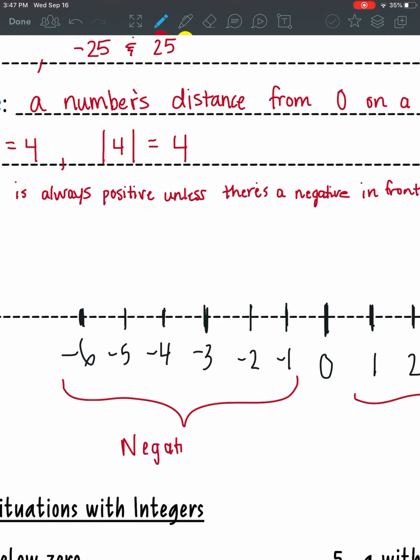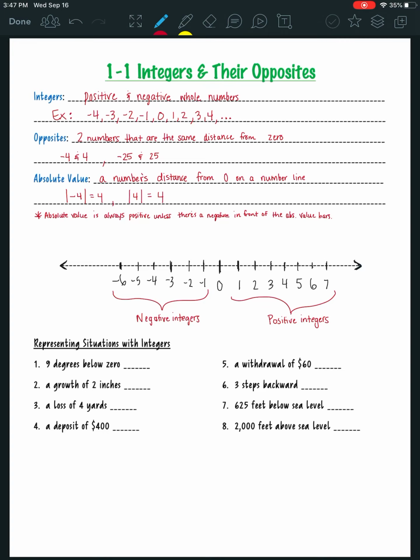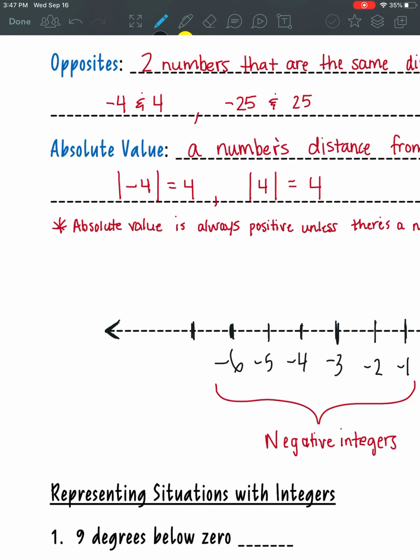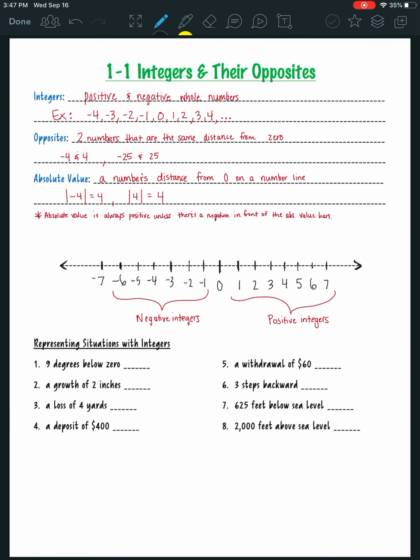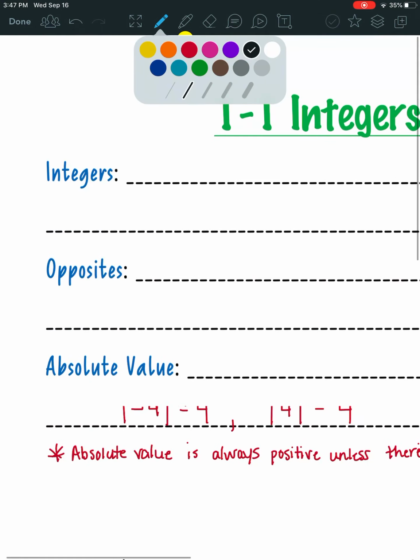And then everything to the left, these are our negative integers. Okay, now, next I have some real life situations, and then we're going to decide, is that a positive integer, is that a negative integer? And I guess I went to 7 on my number line, so I'm going to go 7 this way as well. Okay, so let's look at some situations.